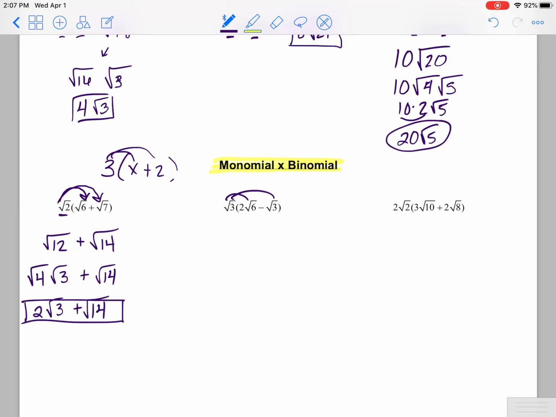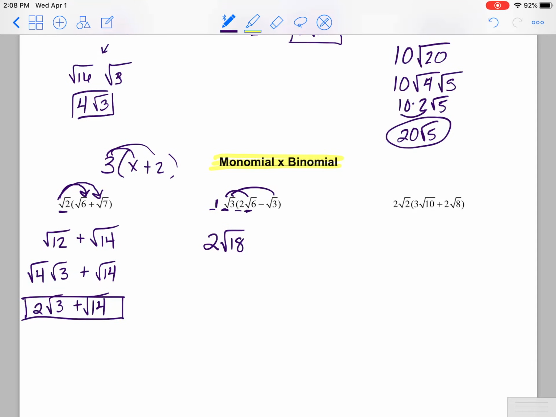So for the next one, I have an imaginary 1 in the front. So 1 times 2 gets me 2. Radical 3 times radical 6 gets me radical 18. And then if I distribute the next one, this gets me 1 times, so it's going to be negative 1, because again, there's an imaginary negative 1 there. So don't forget that.